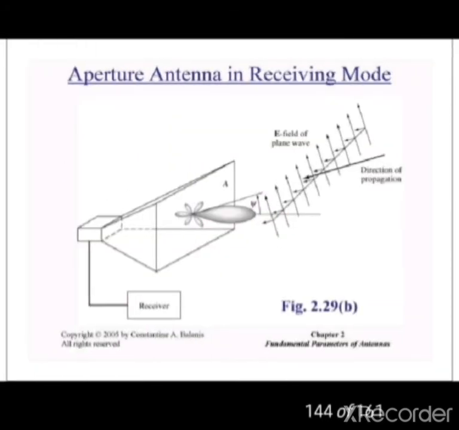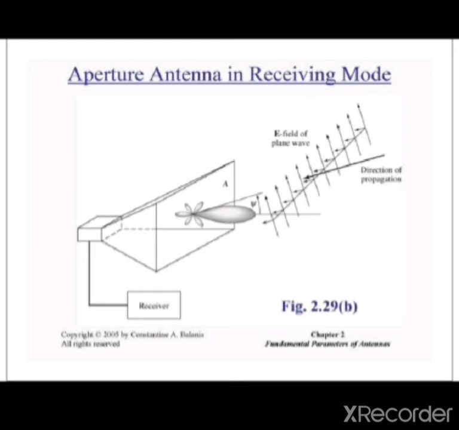Now we usually take a diagram and say that this is the effective aperture area, indicated by A, for a given antenna system. This is the receiver, the antenna is connected like this, and this is the effective aperture of the antenna system.